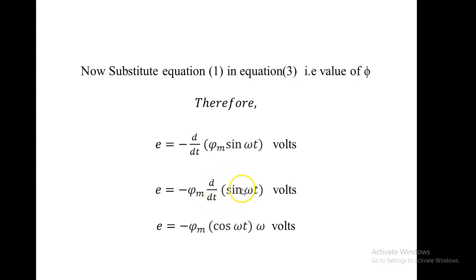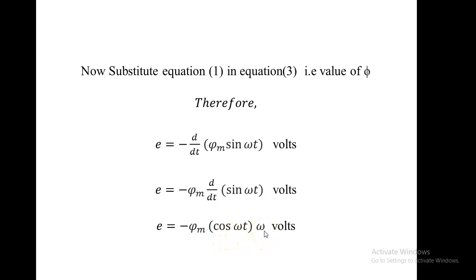So we have to take the derivative of sine omega t with respect to t. So E is minus phi m as it is, and d by dt of sine omega t is cos omega t into omega. So E = minus phi m into cos omega t into omega volts.